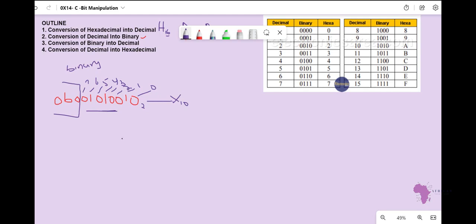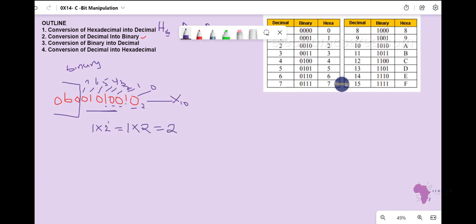I will just multiply where we have 1, because the other digits multiplied by 0 will still give us 0, so there's no need for the zeros. So I'll say 1 multiplied by 2, remember the base is 2, raised to the power of its position. This one is in position 1, so 2 raised to 1, which gives us 2.